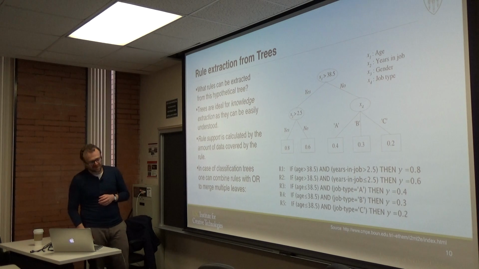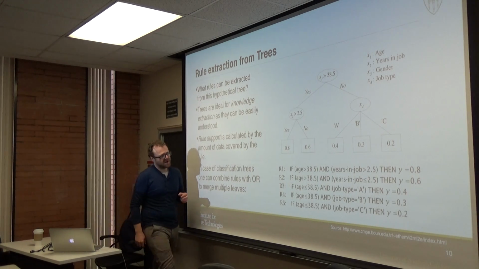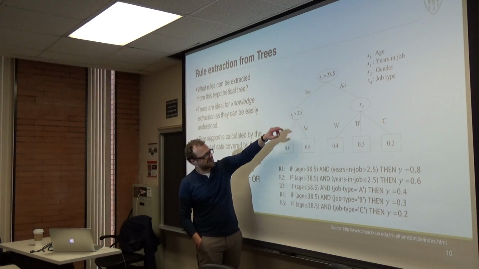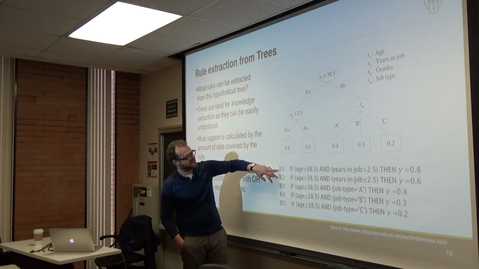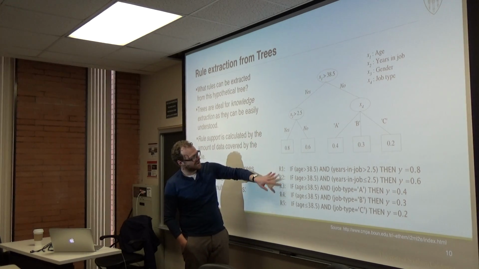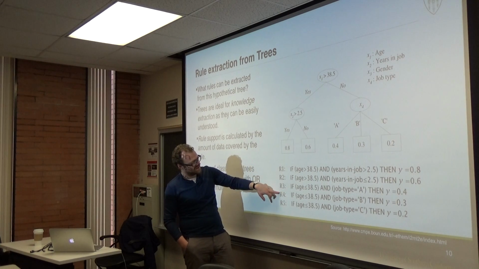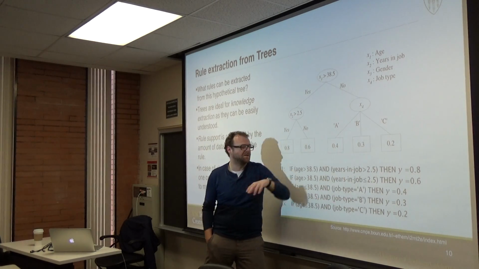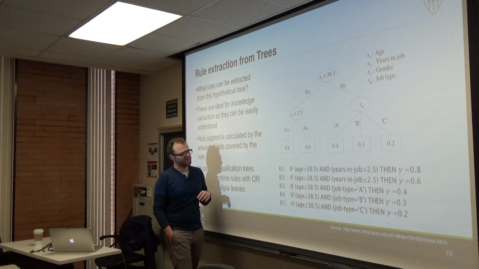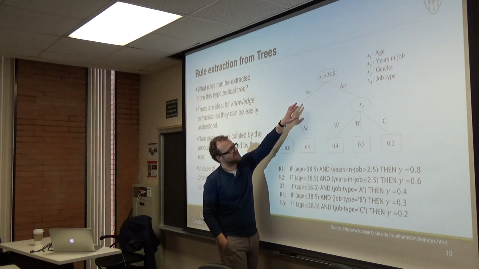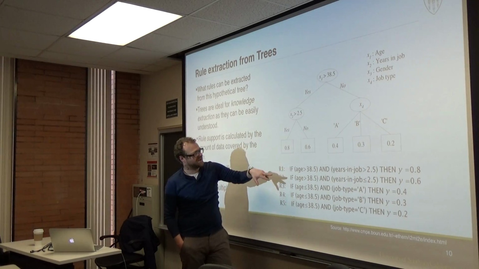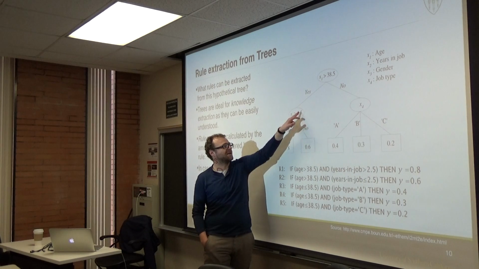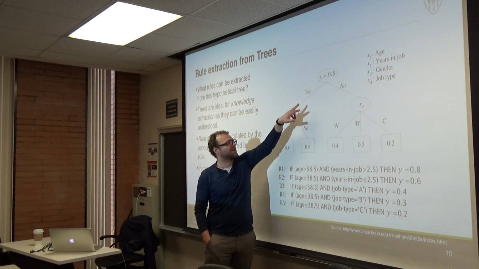What happens is that you can now split this tree into a number of rules, and the number of rules is the same as the number of leaf nodes. You can just walk through the tree and concatenate each decision that is connected.